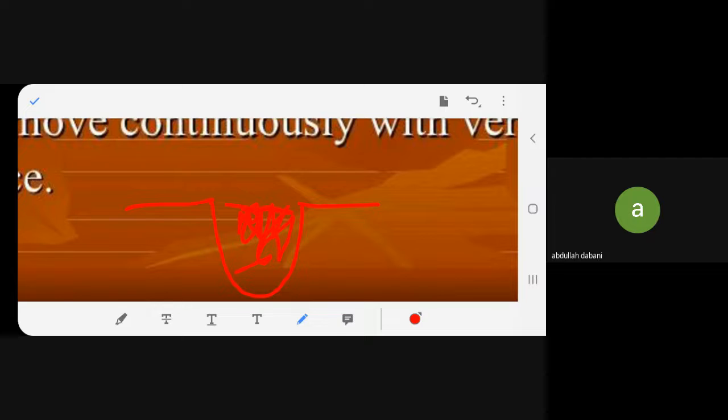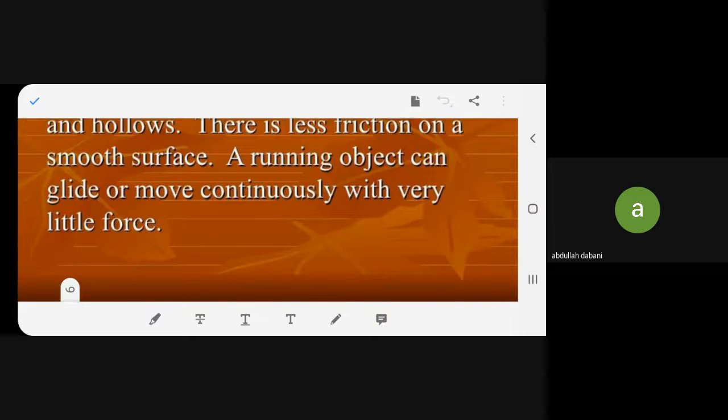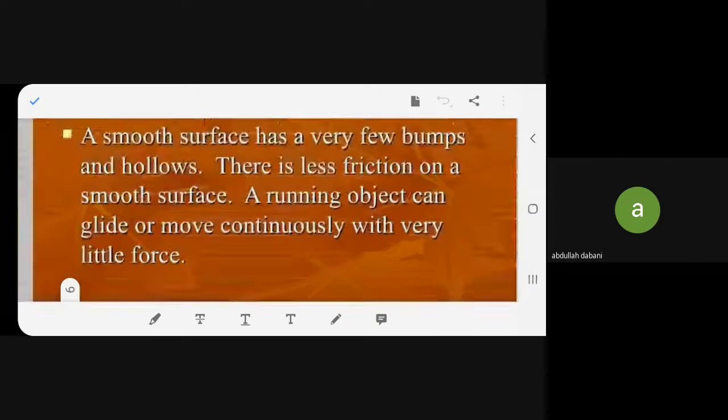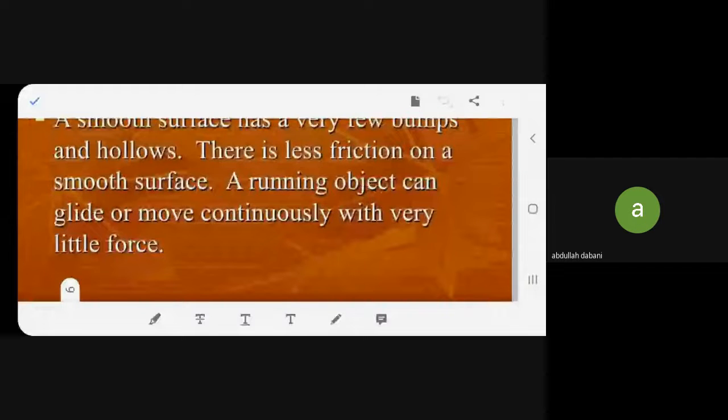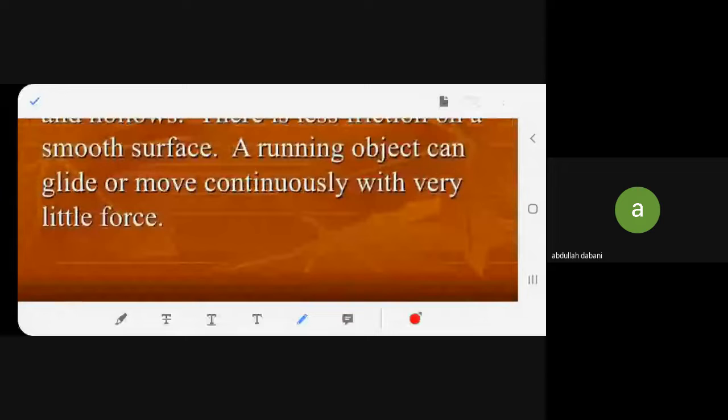So I'm just showing you. When the surface is straight and the surface is having bumps like this, and like this, which one is better? This is rough and this is smooth.